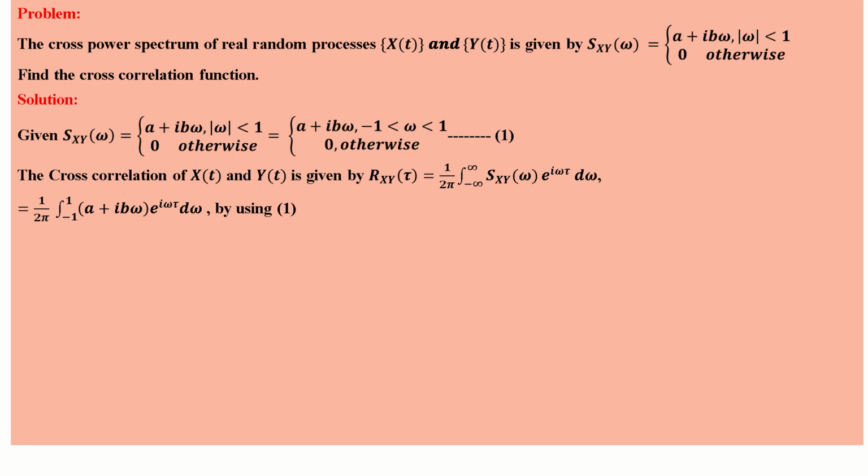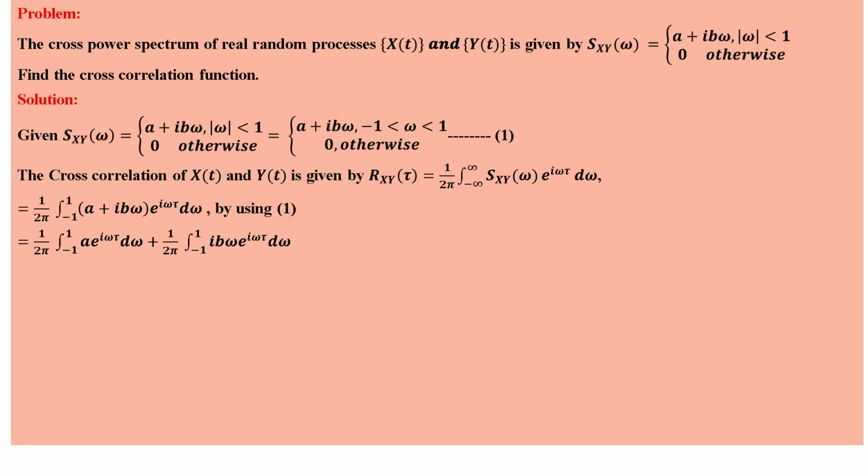Integral from −1 to +1 of (a + ibω) e^(iωτ) dω. In 1 they have given the limit is −1 to +1, where ω lies between. So 1/2π ∫ from −1 to +1 of a e^(iωτ) dω plus 1/2π ∫ ibω e^(iωτ) dω.